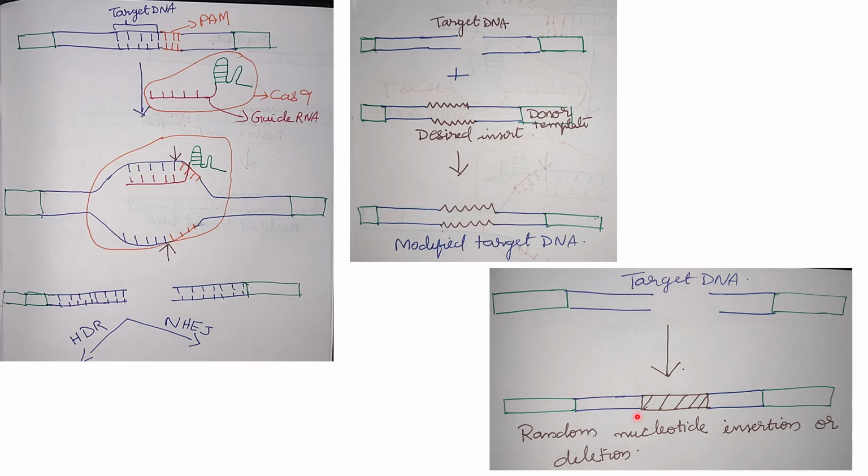This non-homologous end joining is mainly used for knockout of the gene of interest. So if you want to knock out the expression of this target DNA, you can go for non-homologous end joining, since it is error prone and it will bring about random mutations in the target DNA.